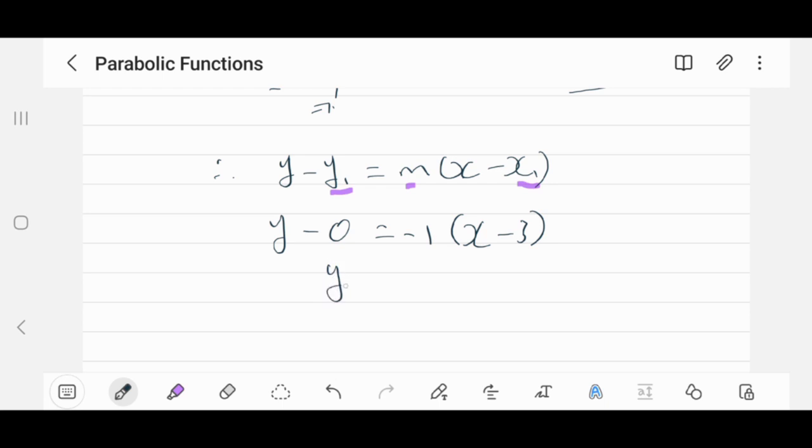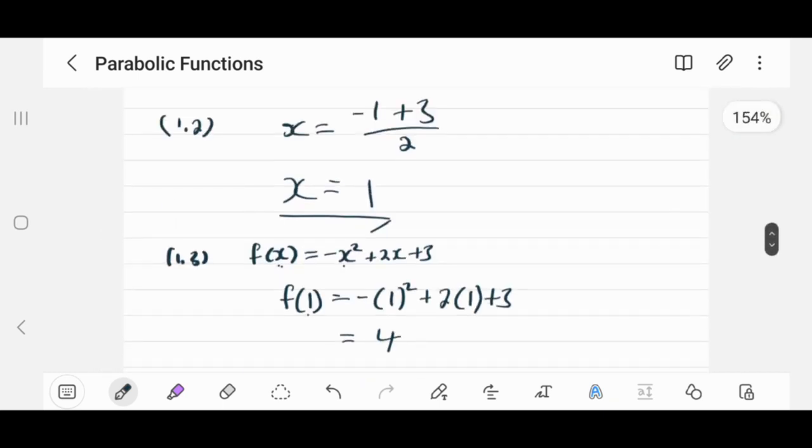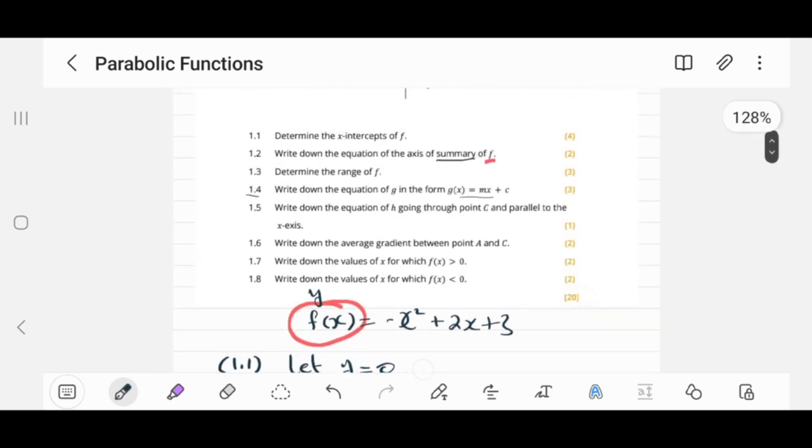Y minus 0 is Y. This times this is -X. This times that is +3. So I found the equation of G of X: G of X is minus X plus 3. That is the equation of a straight line.